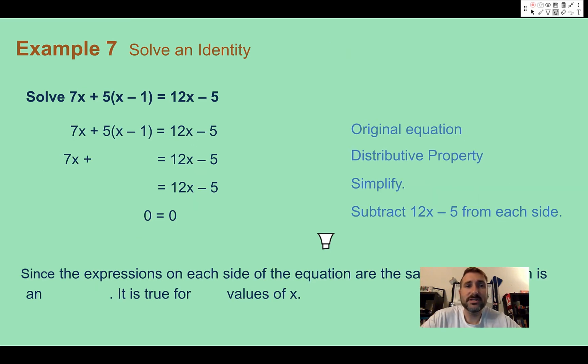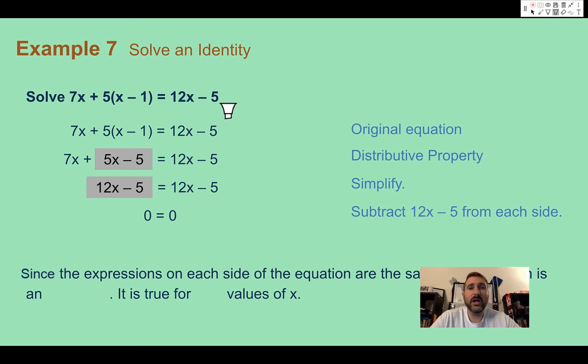Example 7. Solve an identity. Given our problem here, if we go through distributing out, combining like terms, we end up with 12x minus 5 equals 12x minus 5. If we subtract 12x from both sides and then add 5 to both sides, we end up with 0 equals 0.